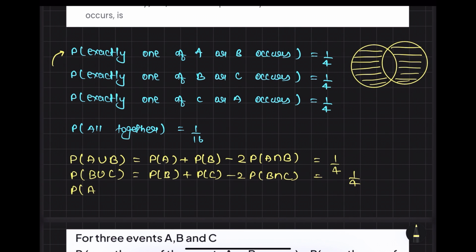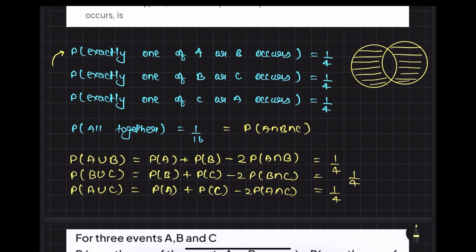Probability A union C, yes. So probability A plus probability C minus 2 times probability A intersection C is 1 by 4, and all together means what? Probability A intersection B intersection C.